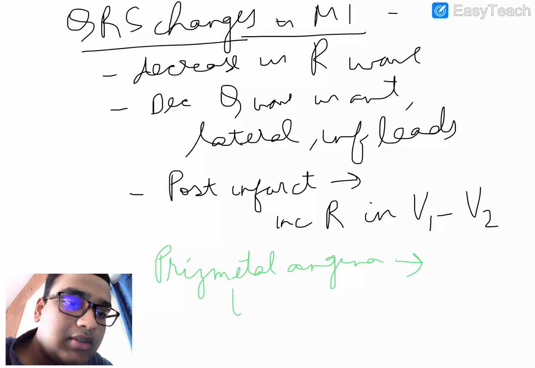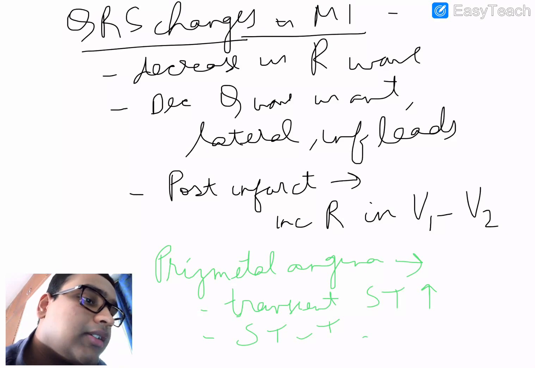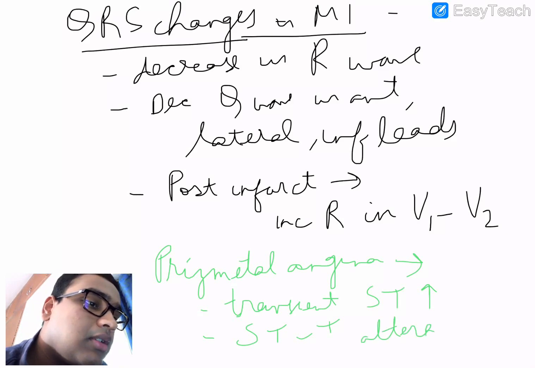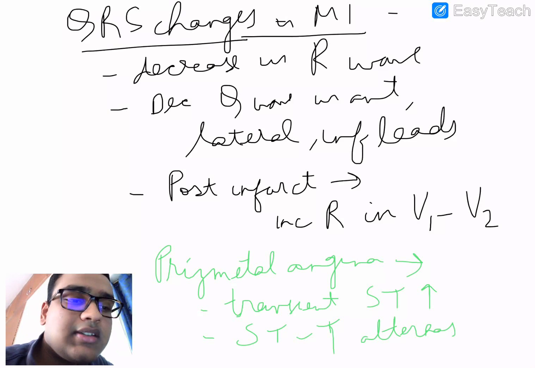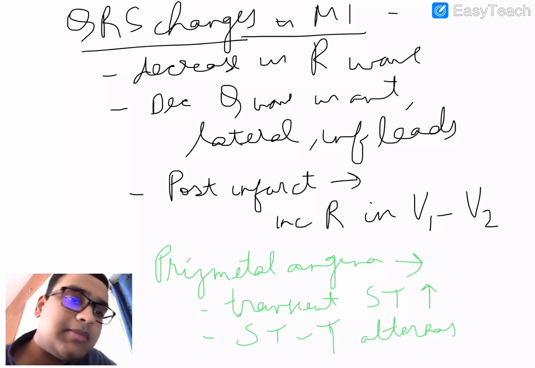So you can see a transient ST elevation along with an ST-T wave alternans pattern. Just remember, there is transient ST elevation which reverts back to normal, and there is ST-T wave alternans. That is, there can be transient ST depression followed by the opposite of that. That's what the alternans pattern means.